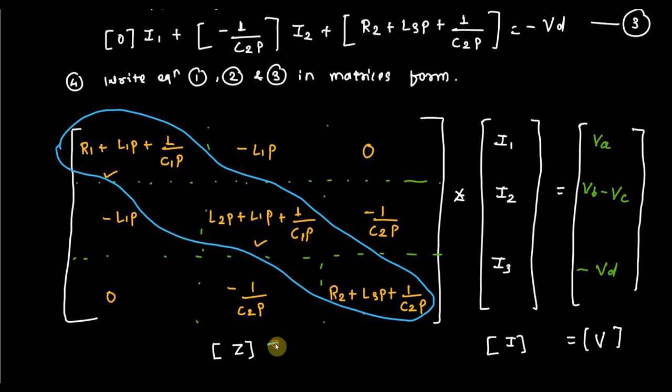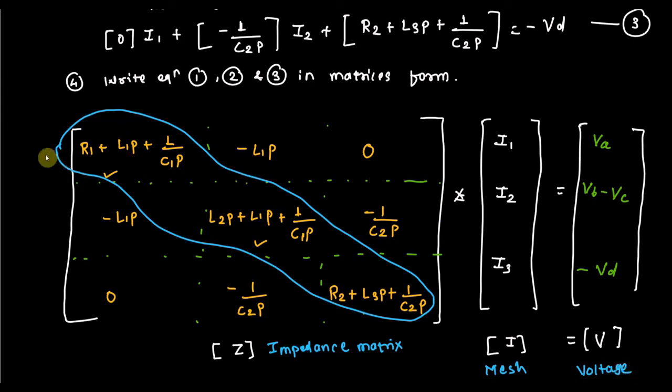This matrix is called the impedance matrix. I1, I2, I3 is called the mesh current matrix. VA, VB minus VC, VD is called the voltage matrix or the mesh voltage matrix.